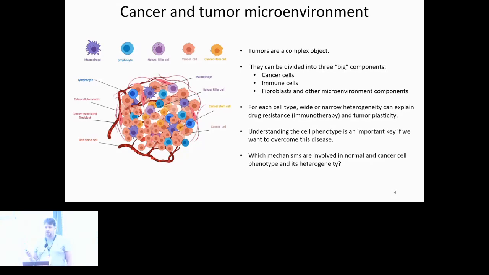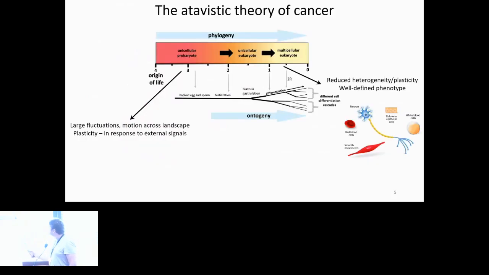For each cell type, we have a wide or narrow heterogeneity, which can explain drug resistance, and you want to avoid that. So understanding the cell phenotype is an important key if you want to overcome this disease. Which mechanisms are involved in normal and cancer cell phenotype and its heterogeneity?